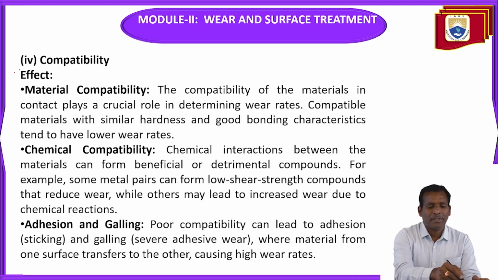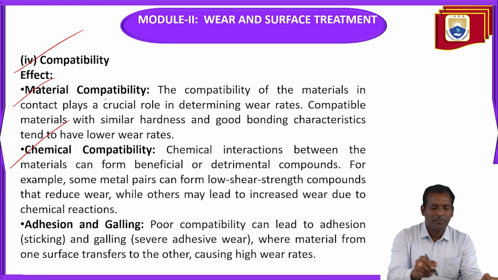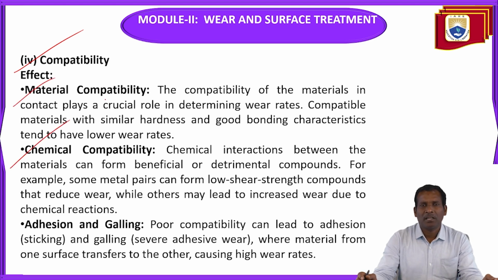Next term is compatibility. What is the effect? The material compatibility of the materials in contact plays a crucial role in determining wear rates. Compatible materials with similar hardness and good bonding characteristics tend to have lower wear rates. Chemical compatibility: chemical interactions between the materials can form beneficial or detrimental compounds.